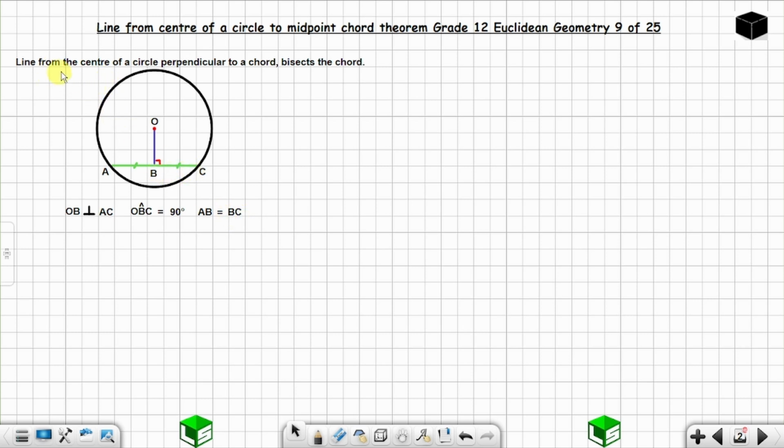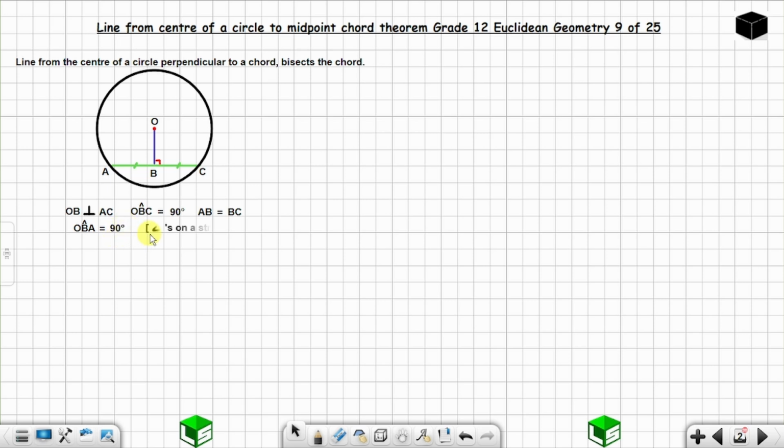Whenever you have a line from the center of a circle perpendicular to a chord, you have to check that the line is coming from the center and it is perpendicular to a chord. So the chord is bisected, divided into two equal parts. Since this angle is equal to 90 degrees, the angle OBA is also equal to 90 degrees.